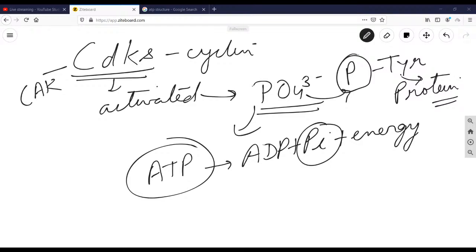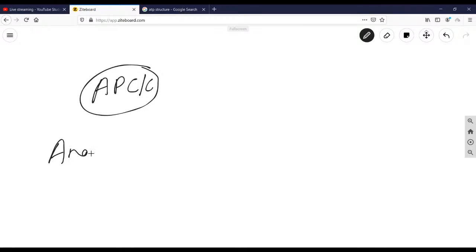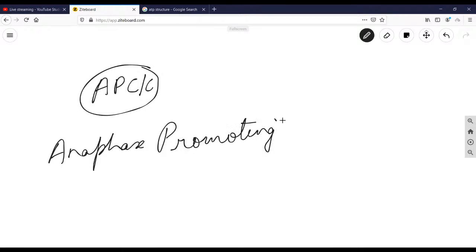There is a specific protein known as APC/C, the anaphase promoting complex/cyclosome.